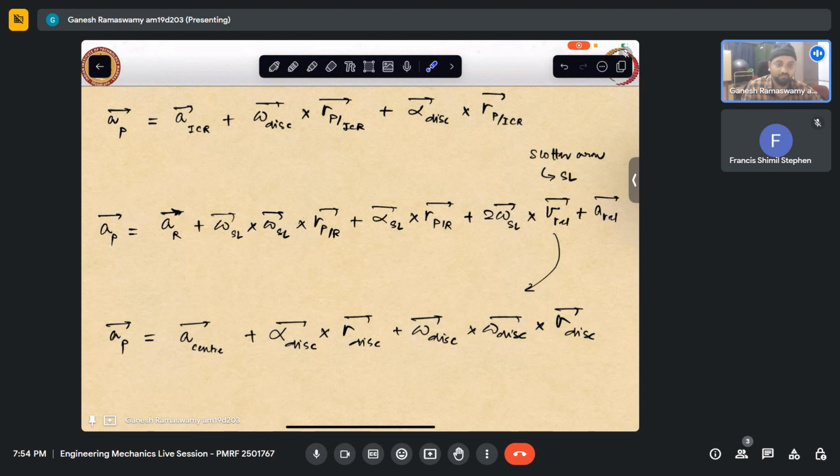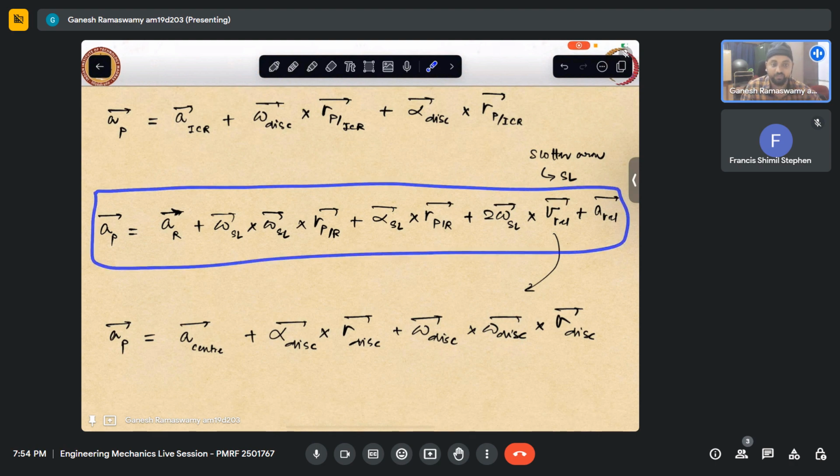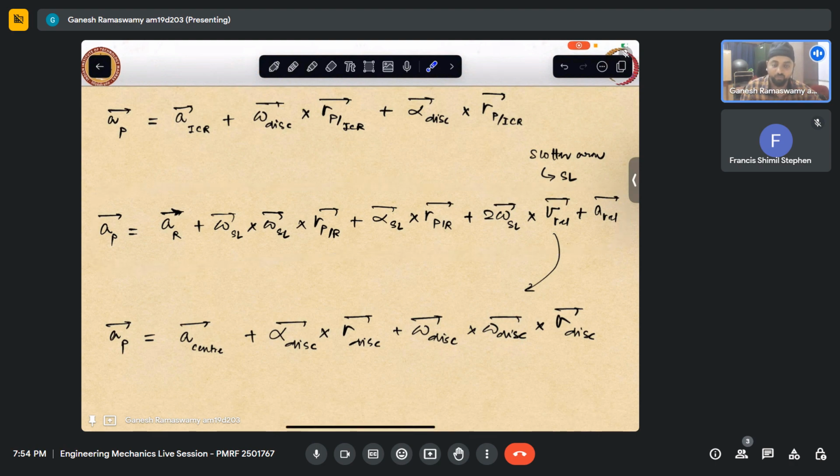When I upload the sheet, I will maybe solve it in all the three ways and upload it. Anyway, we have not looked much at this rotating frame of reference today because more of the focus was on relative analysis using non-rotating translating axis. But the entire next week is dedicated to rotating frame of reference and the Coriolis effect.